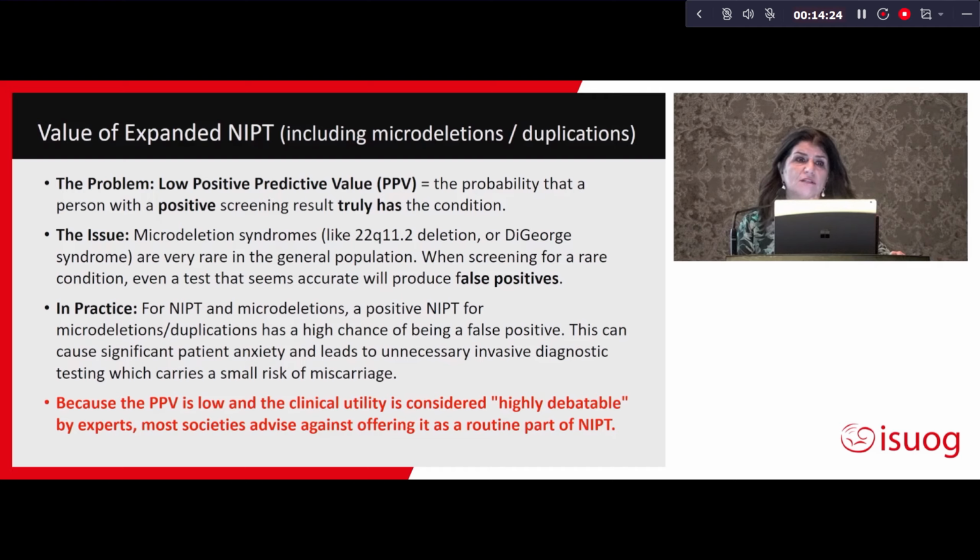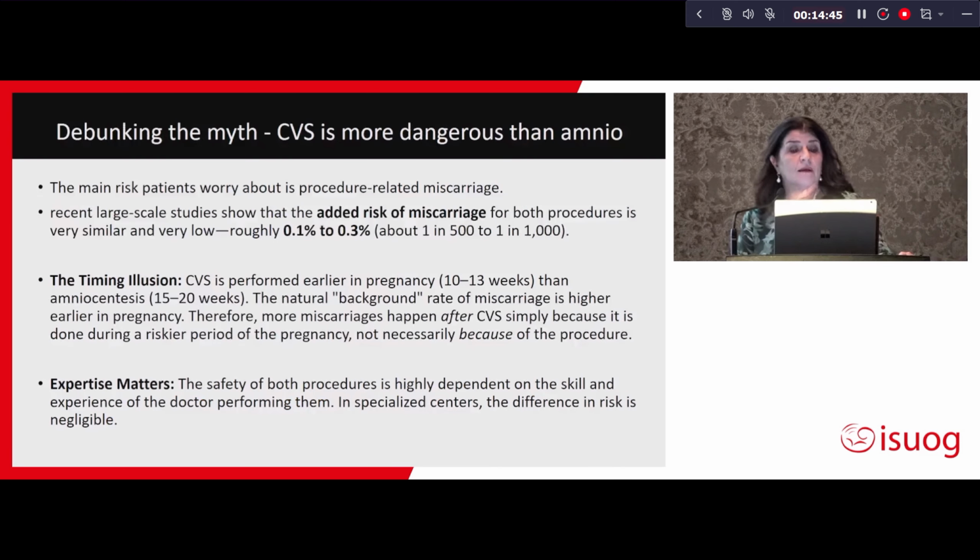There's a very high rate of false positives, it has a very low positive predictive value, and I would argue that it's not a very helpful test in screening. And nobody is currently recommending it, apart from the companies that are selling the test. I would welcome the comments of other faculty on this.